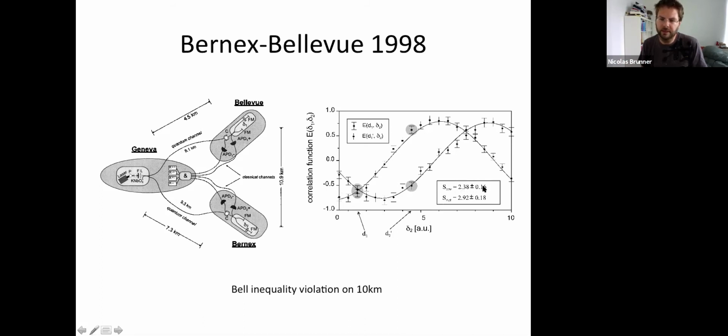And even with the error bars, it's still very convincing. Okay, so that was really an important experiment because it showed that these phenomena can really be seen outside of the lab. It's something that is there on essentially long distances.